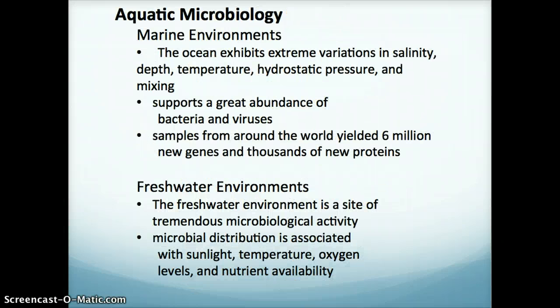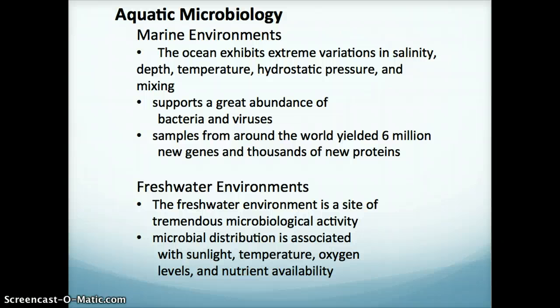So the last little bit I'm just going to go over briefly is on different aquatic microbiology environments. We have the marine environments, which would be the ocean, and I just want to make some generalized points here. The ocean exhibits a huge variation in its salt, its depth, the temperature, the hydrostatic pressure, and mixing, so the movement of the water.